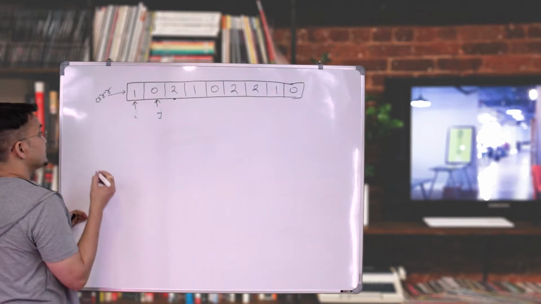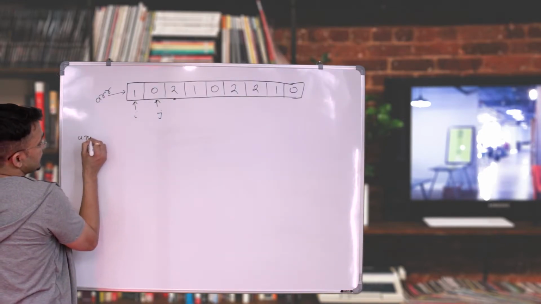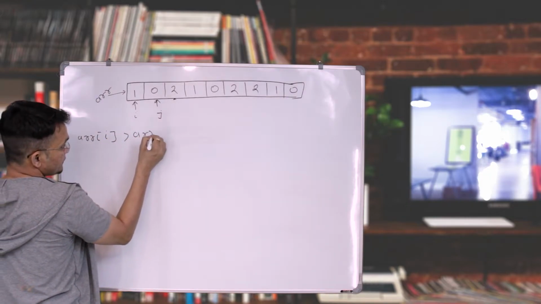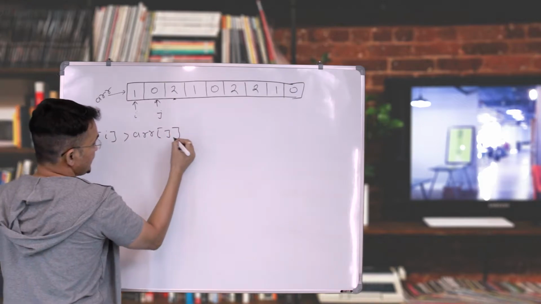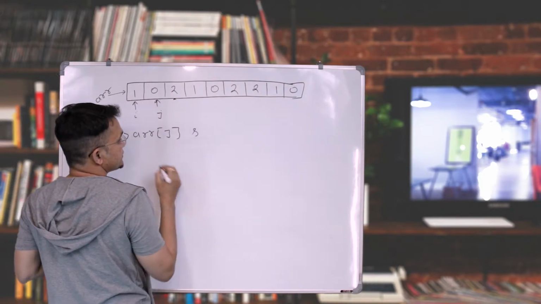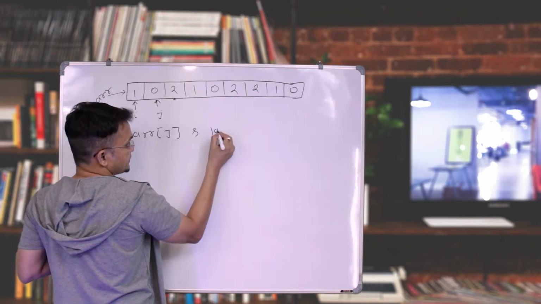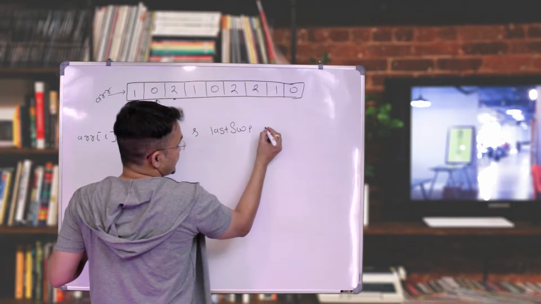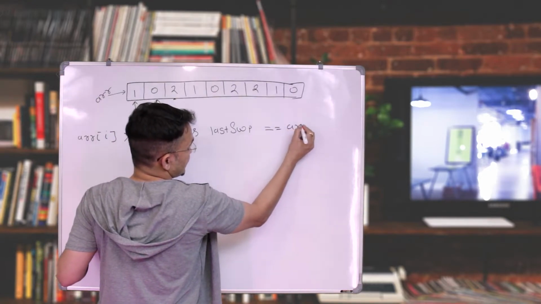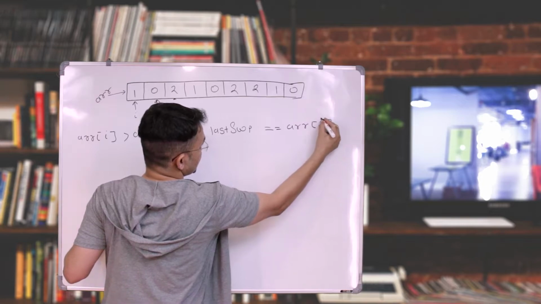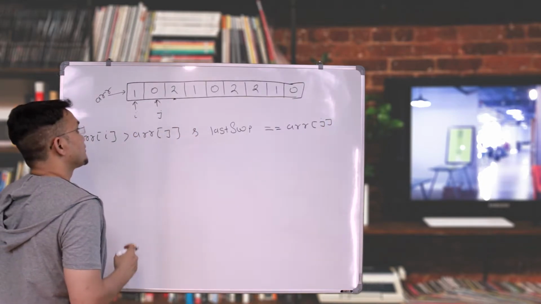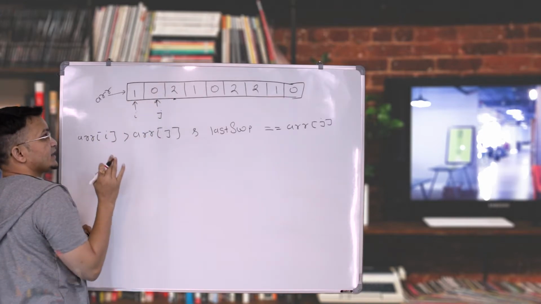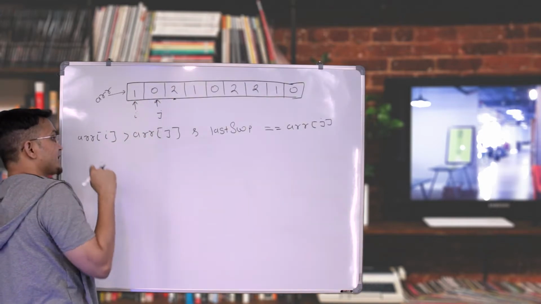I need to swap when ARR of I is greater than ARR of J, and one more condition you need to take care of: the last swapped value should be equal to ARR of J. In this condition I am going to swap this I and J value.